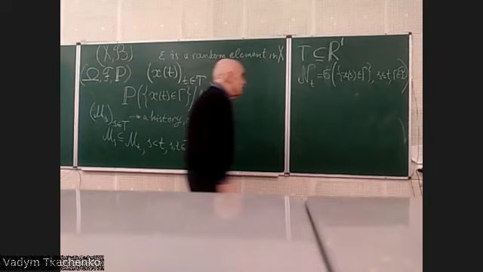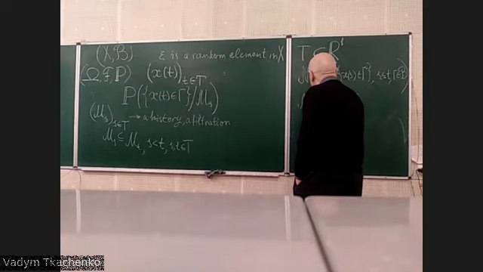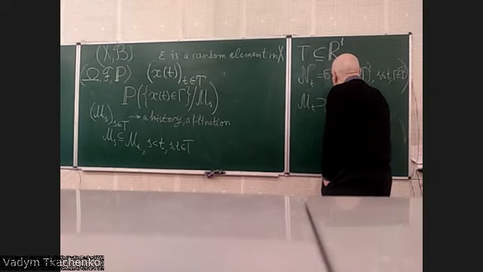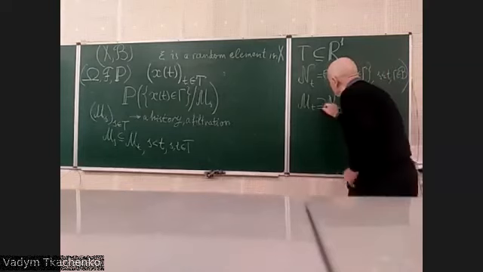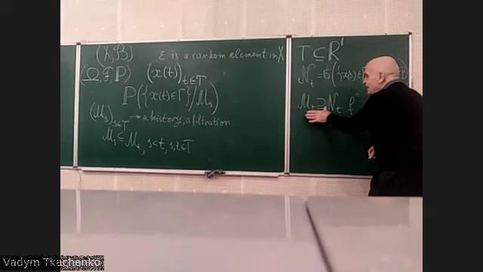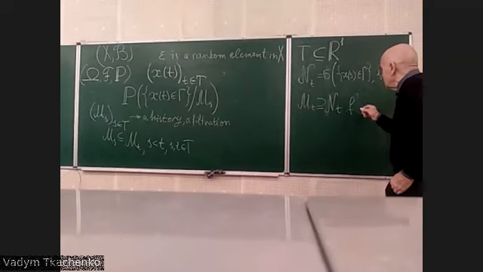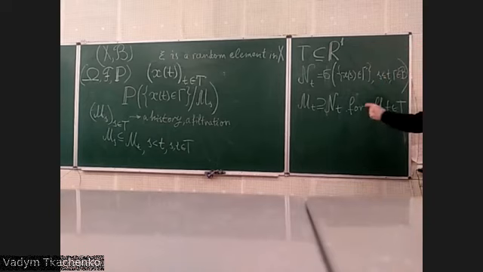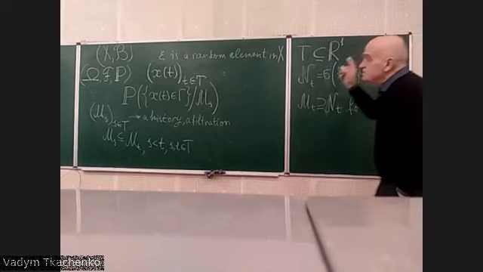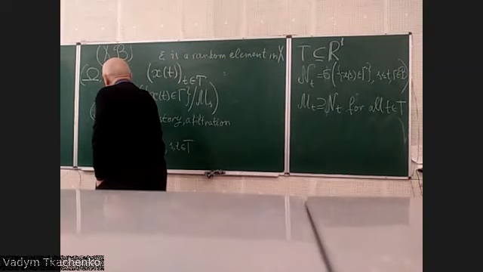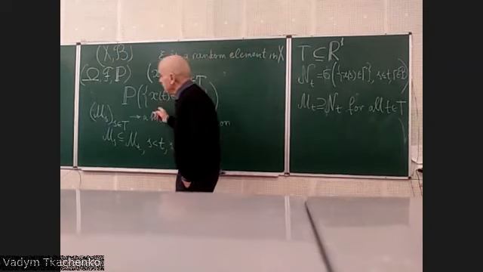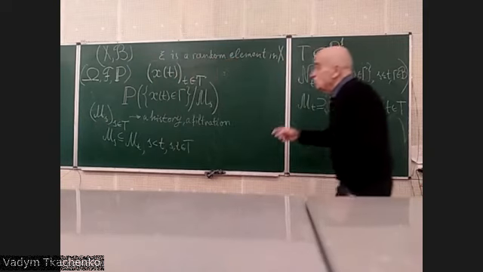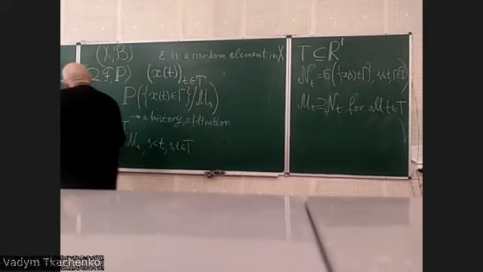If we have that for some sigma algebra M of T, the sigma algebra N of T is contained in M of T for all T, then we say that our process X of T is adapted to this history. Its own history. Okay?